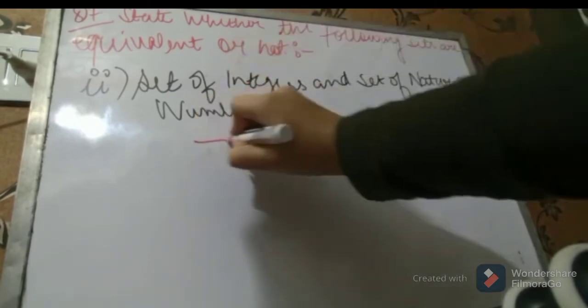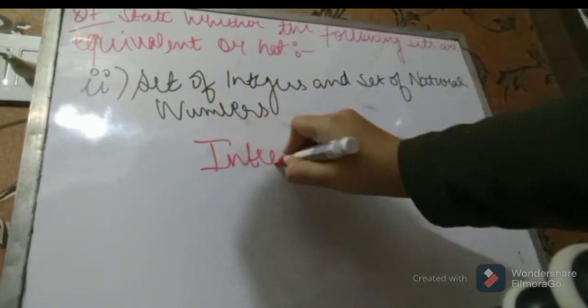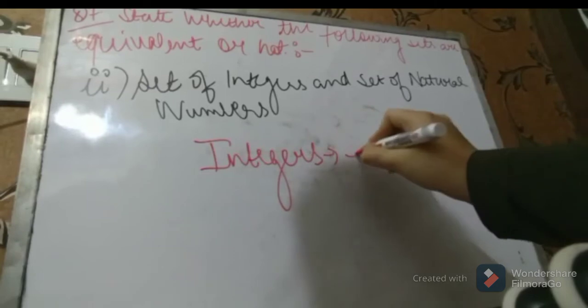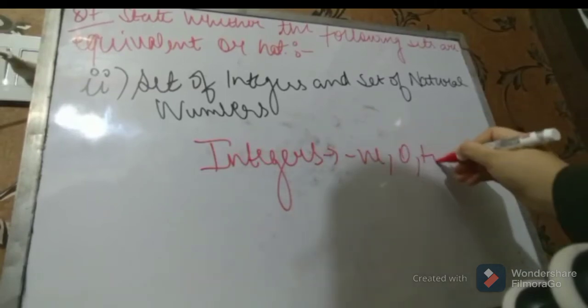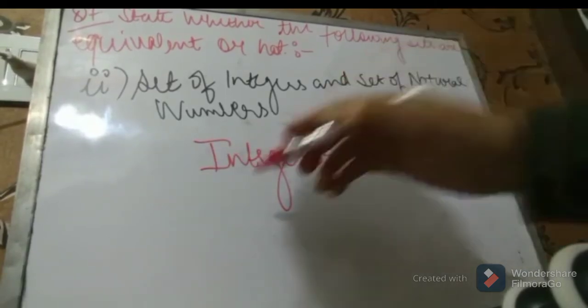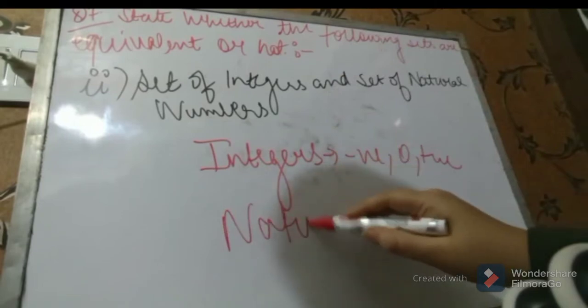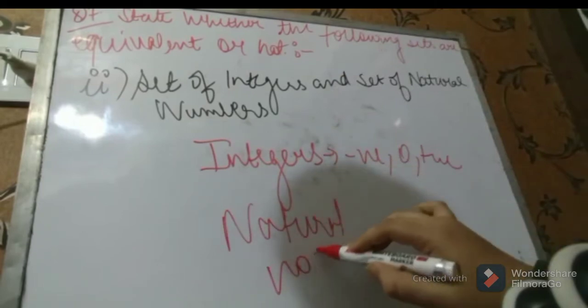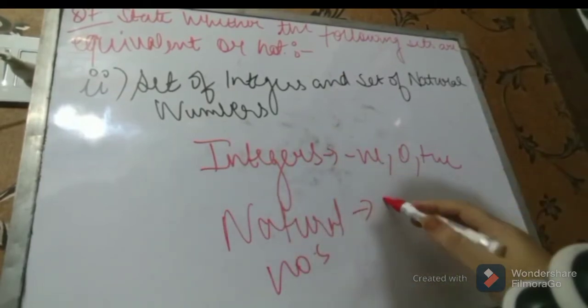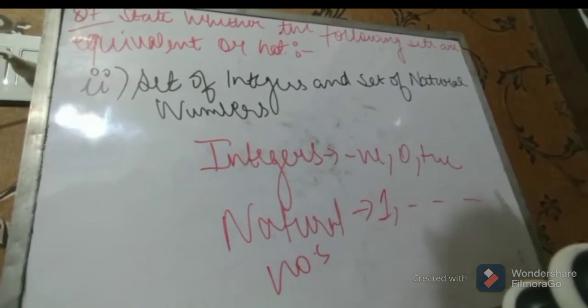Now if you see in the second part, it is set of integers and set of natural numbers. If I talk about integers, first let's write so that I can explain you properly. Integers start from negative, then 0 comes and then they continue to the positives. On the other hand, natural numbers begin from 1 and continue further.